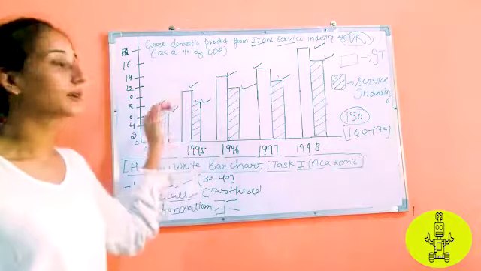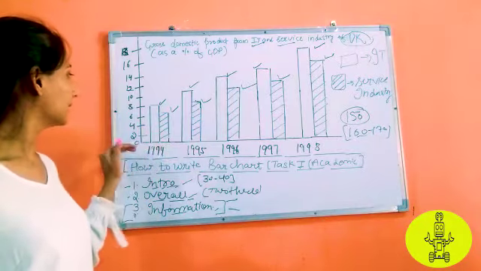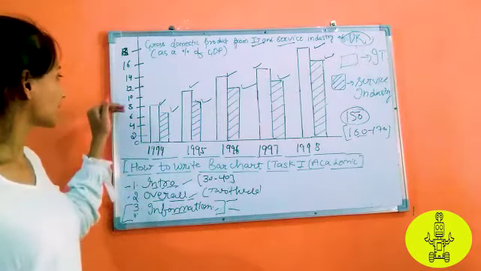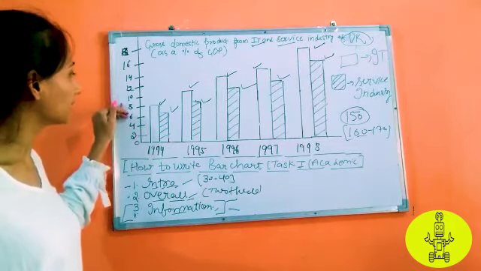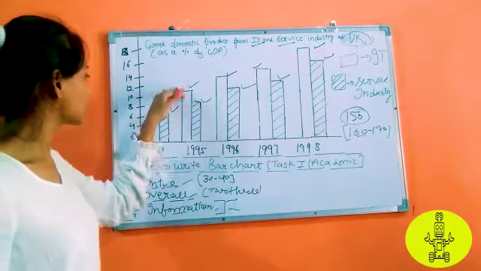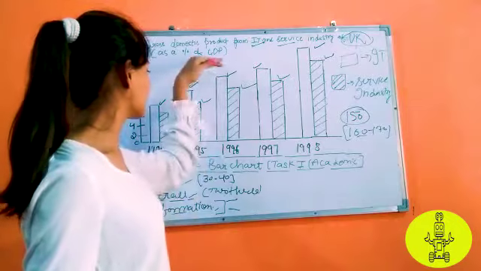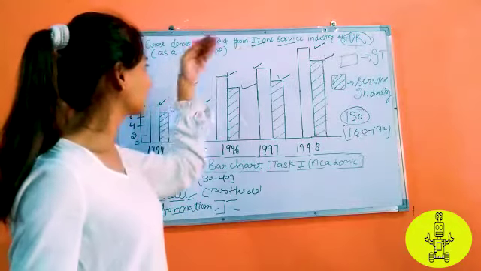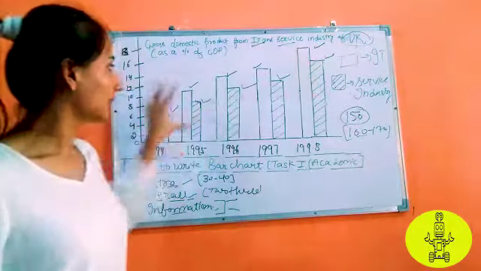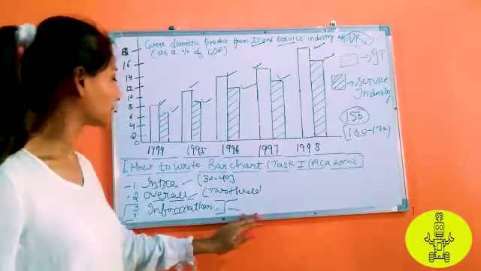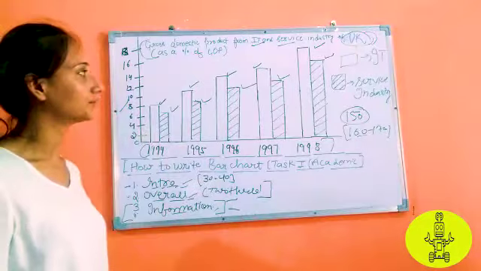We write step by step, like in 1994 the IT industry had 8% of the GDP, in 1995 it is 10%, and in 1996 it is 12% or 14%. So we need to write every detail in the third and fourth paragraphs.